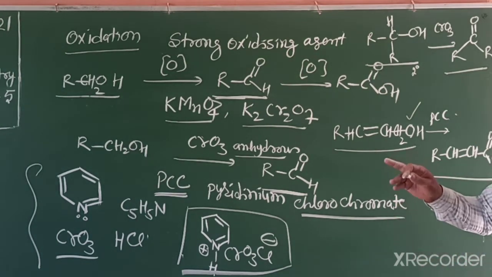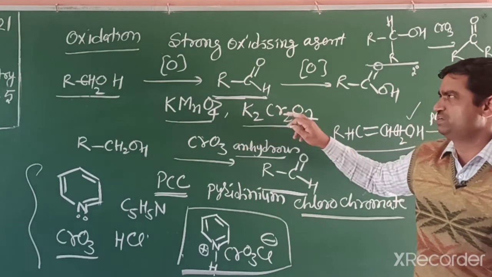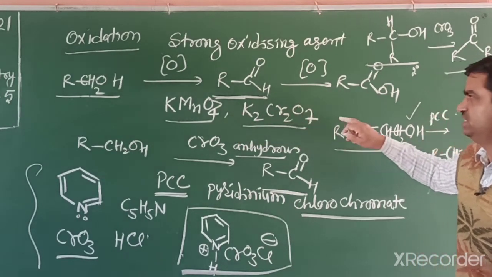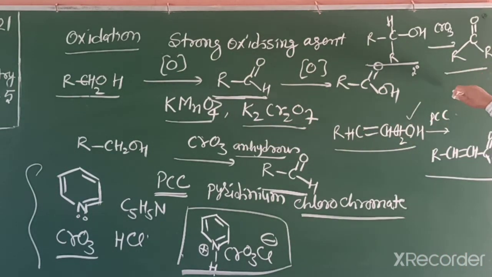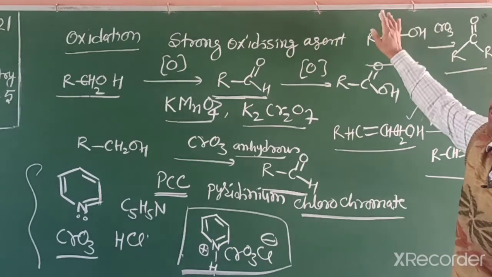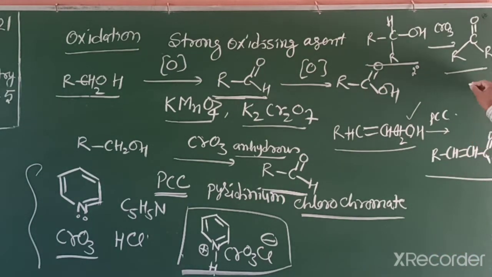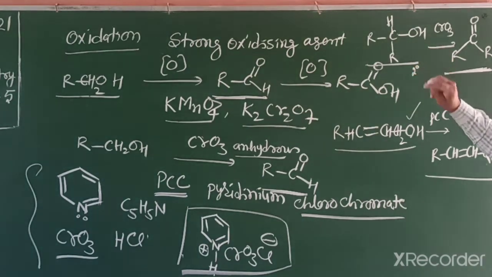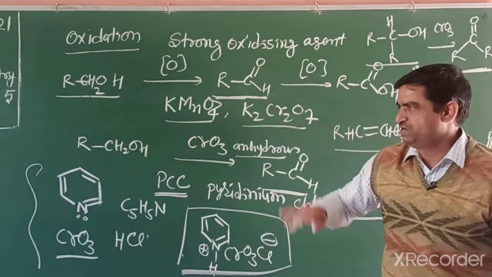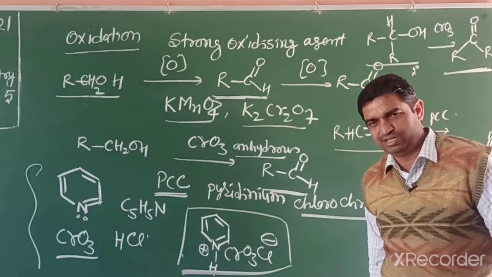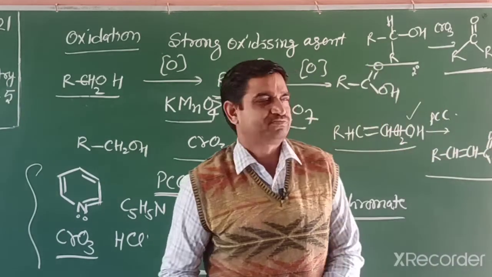But if we use potassium permanganate or dichromate, which are strong oxidizing agents, the ketone can further dissociate and we get a mixture of carboxylic acids. Those carboxylic acids have a lesser number of carbon atoms than the parent alcohol. So for formation of ketones we need secondary alcohol, for formation of aldehyde we need primary alcohol, and this reaction is known as oxidation.